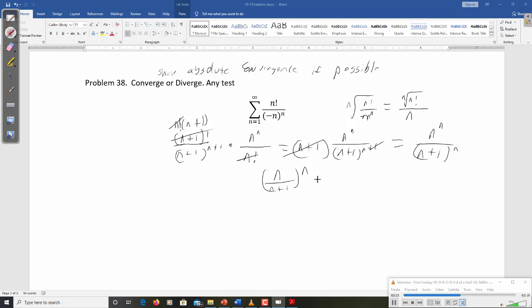If we do our logarithm trick, e to the ln of (n over n plus 1) to the n, and then look at that exponent, I'm pretty sure that's going to go to 0. Yeah, because you'll get the n out front.